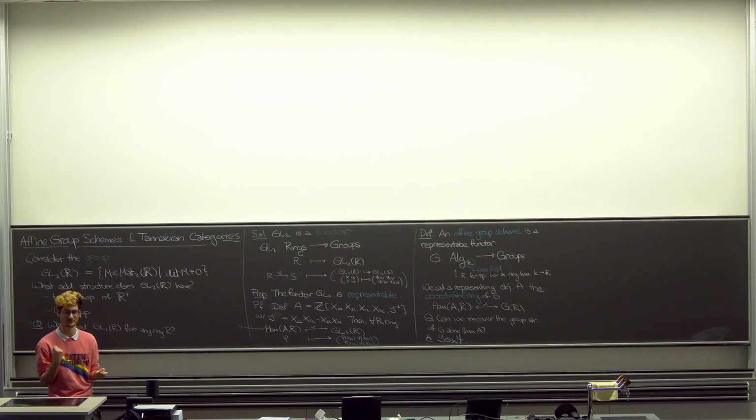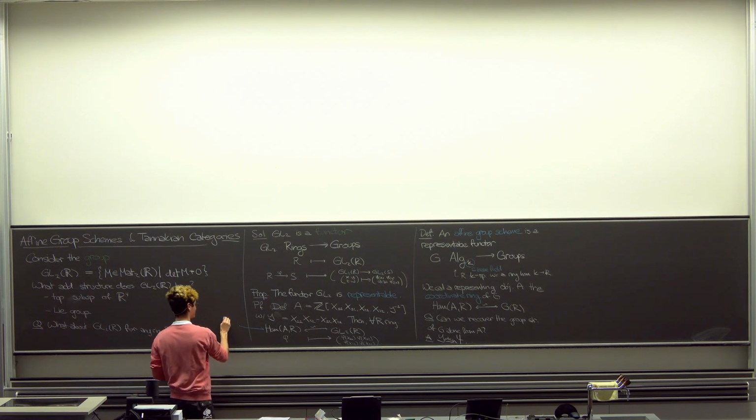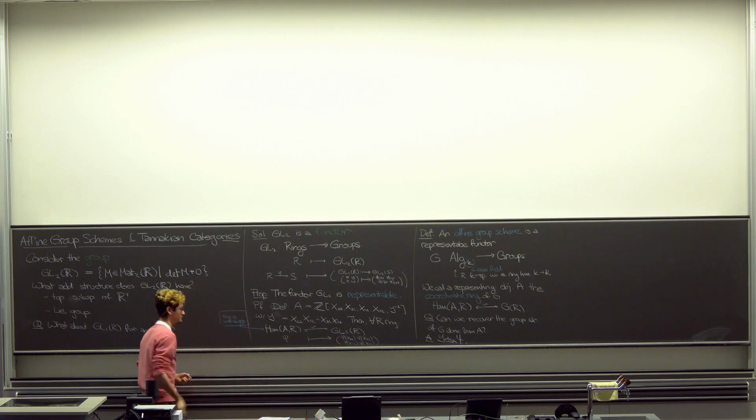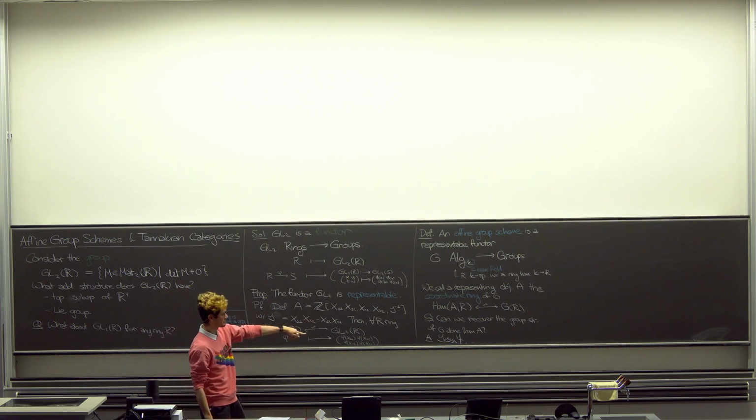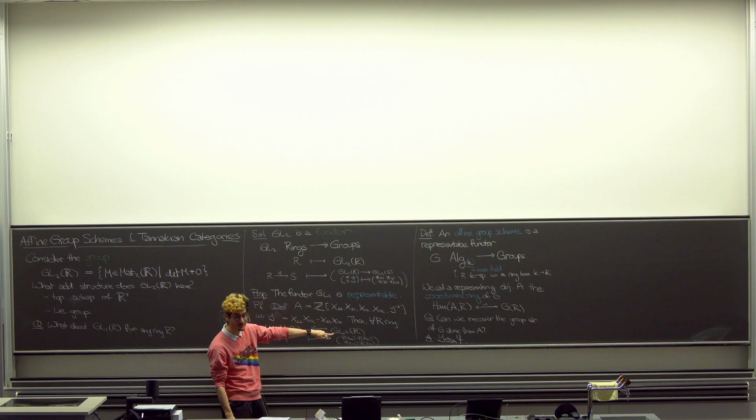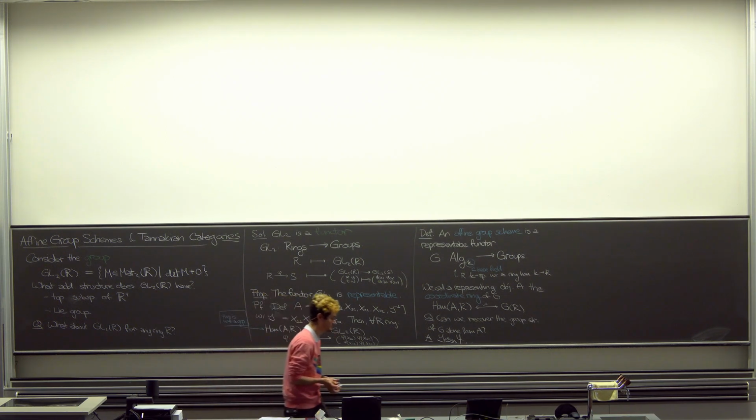The problem is that a unit has to be sent to the unit. So this is not a group. And this is the main problem that I have here. So I don't know how the group structure here looks like. I only know how the set looks like because of the bijection, and not the group structure.